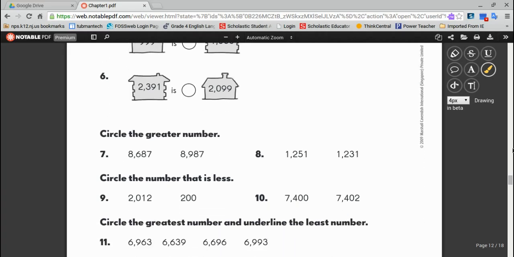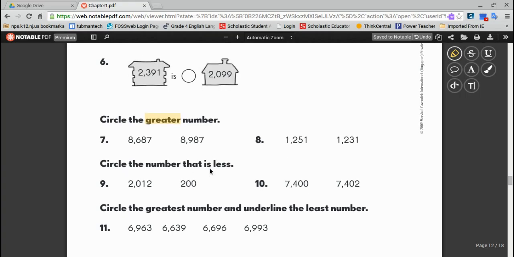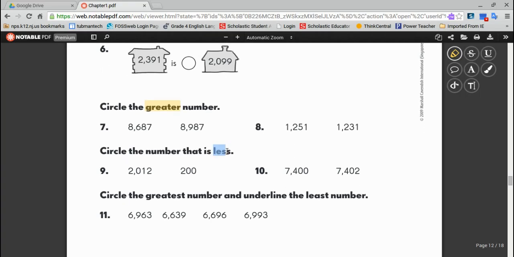Alright, welcome back. Now we're doing number 7. Number 7, it's again the same thing. This time we're going to circle the greater number. So I'm going to highlight the word greater because we want the bigger number. Same thing as before, line it up and down, and then figure out which one's greater and circle it. So you guys do 7 and 8. Number 9, you want to circle the number that is less.